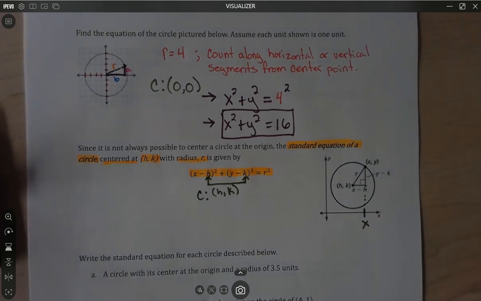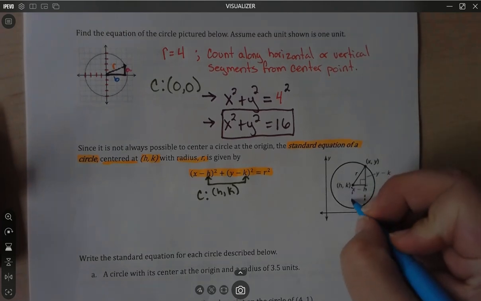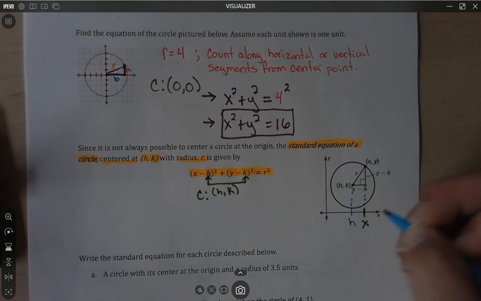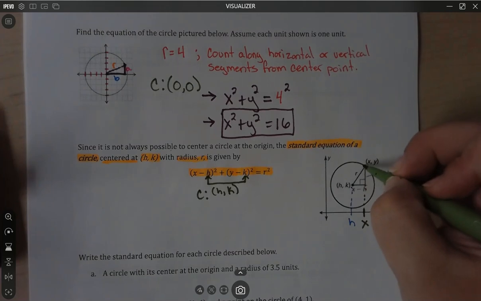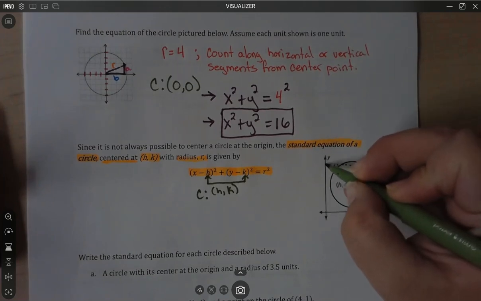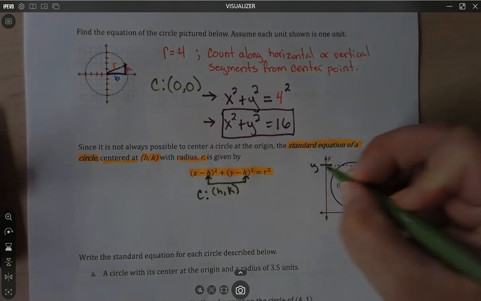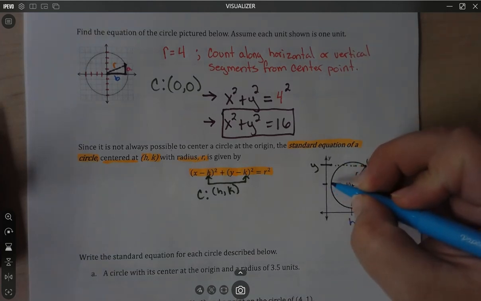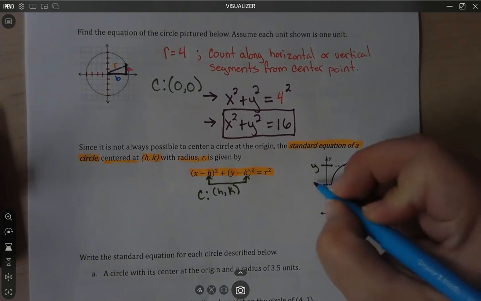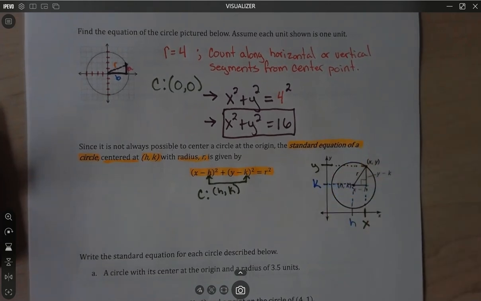And if I come straight down from here, this is h. If I were to come straight across, this is y. And straight across here is k.